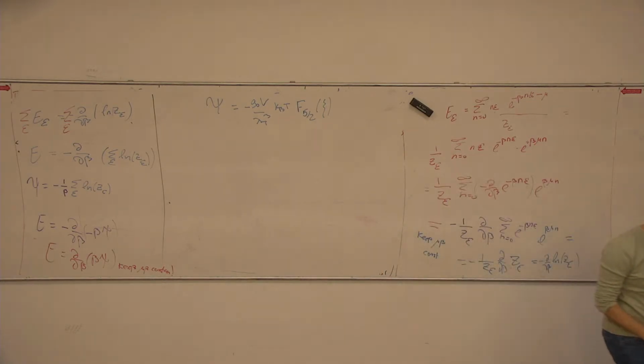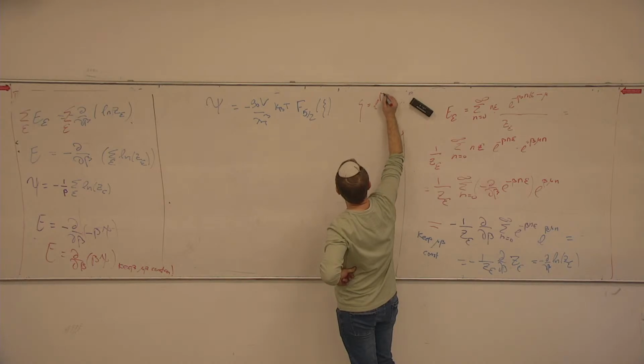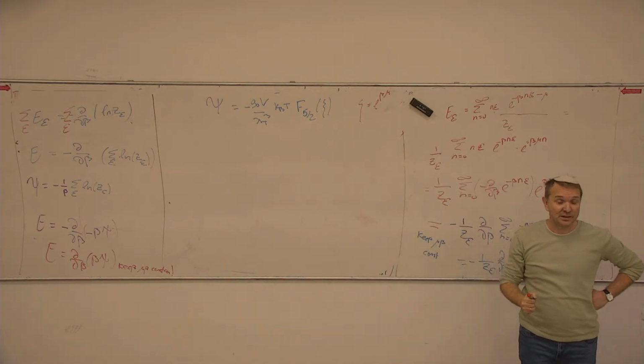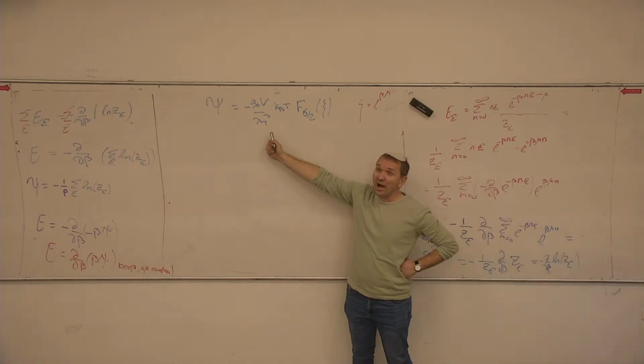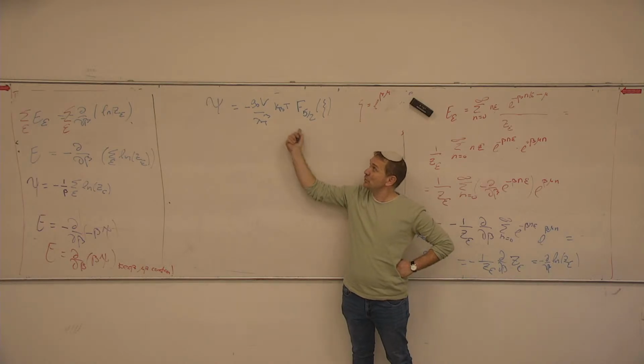Remember, what is the fugacity? e to the power beta mu. So the fugacity is constant. Yep. There is no other beta mu inside this expression.